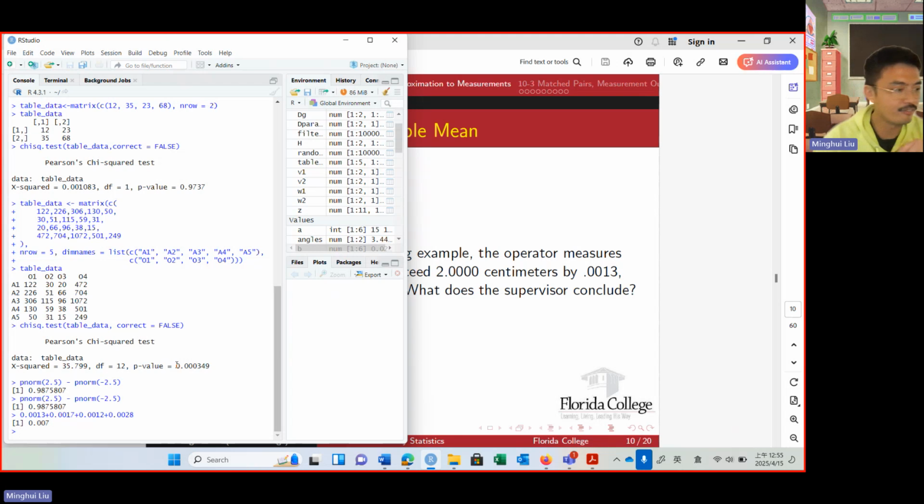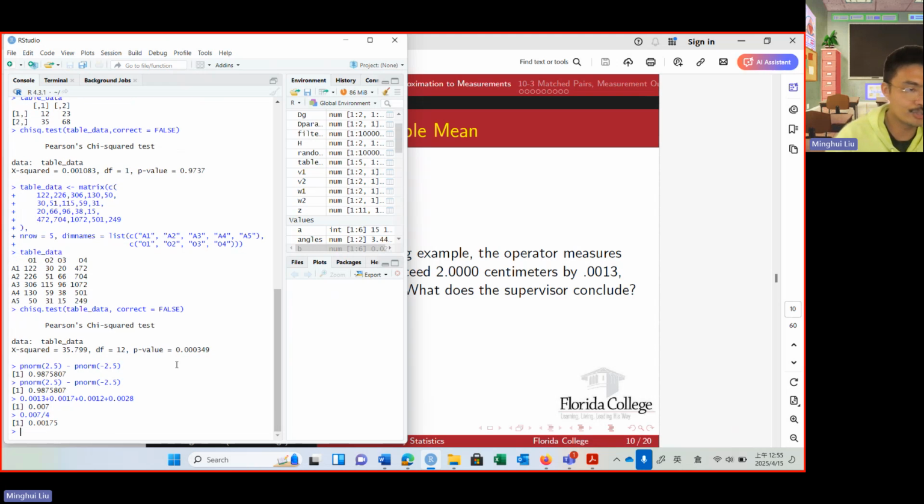And now we're going to divide this number by the total, or in other words, it's 0.007 divided by 4. So the average is about 0.00175.